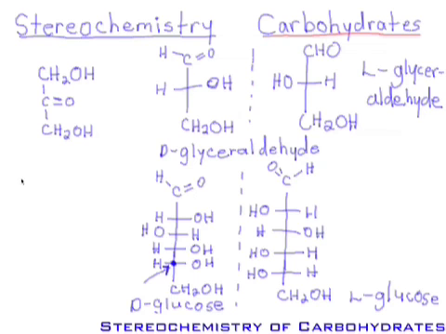If you remember, the formula was 2 to the n stereoisomers, where n is the number of chiral centers. So if we take a hexose, which has 4 chiral centers, we get 2 to the 4th, which is 2 times 2 times 2 times 2, giving me 16 stereoisomers. Wow. Now this is shown in a chart in your handout notes, and you can examine that chart.